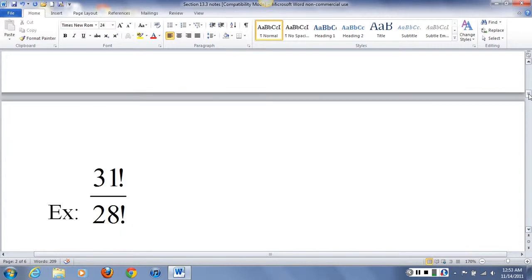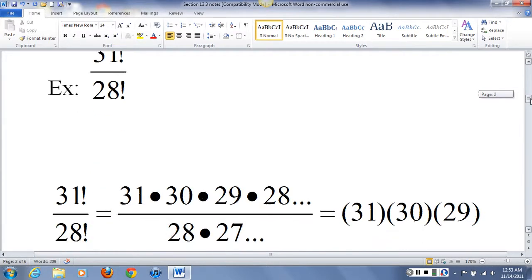So again, 31 factorial over 28 factorial, of course, would be 2 very, very large numbers. If you try putting 31 factorial into your calculator, it may not be able to do it. So instead we say, let's just take 31 down so I can get to 28. And then we know that beyond 28, the numerator will match everything in the denominator, because the denominator starts at 28 itself.